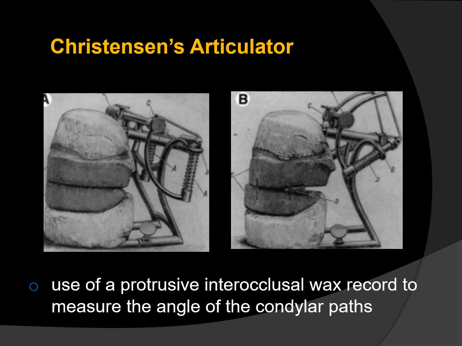So this interocclusal wax record was used to set the condyle controls of an adjustable articulator. Christensen's procedure was a major contribution, and it is likely the origin of the intraoral method of recording mandibular movement. So Christensen's phenomenon is an important viva question.